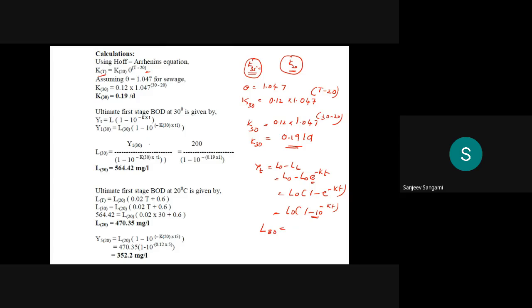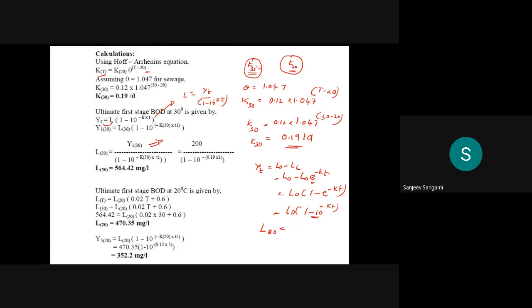If you take the reverse, you just interchange this to this. It will come down and it will be the denominator, or you can convert it this way. So L is equal to Yt divided by 1 minus 10 to the power minus kt.